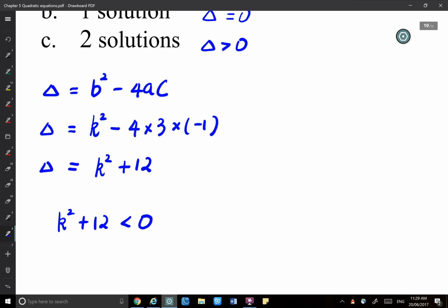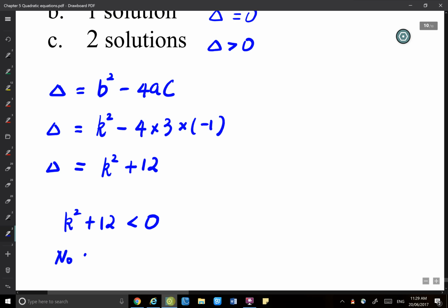It doesn't matter what k takes, you square it, it must be a positive number or 0, and plus 12 makes it even more positive. So you never have a value of k that can make that less than 0. So the answer will be no such k value.